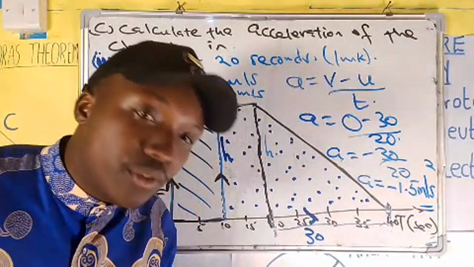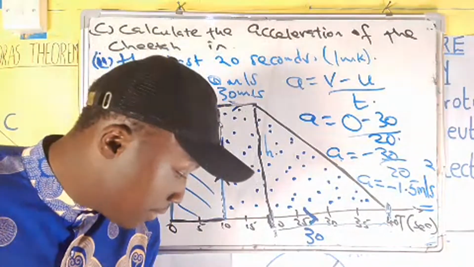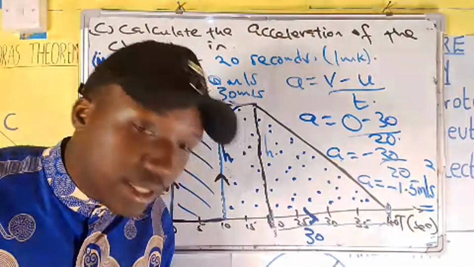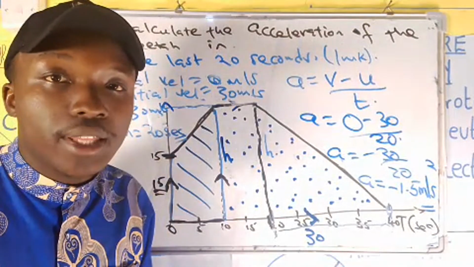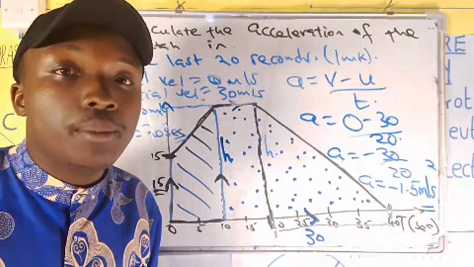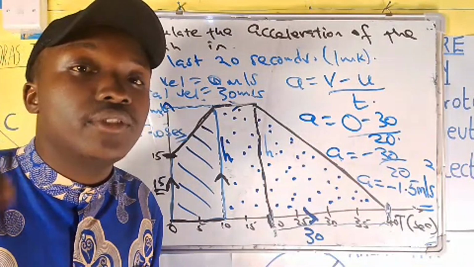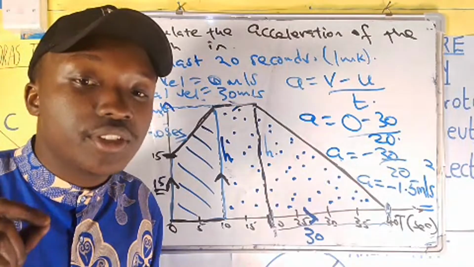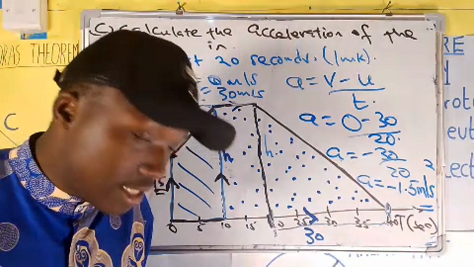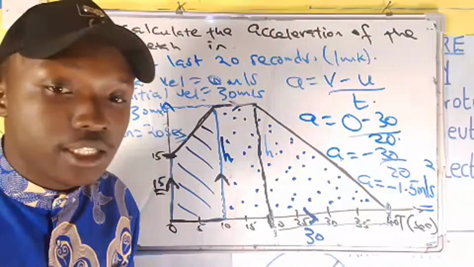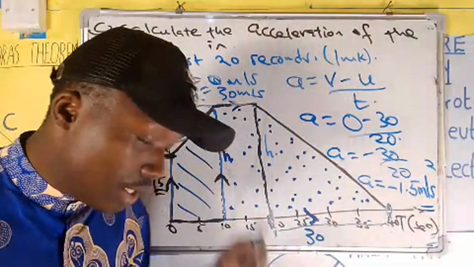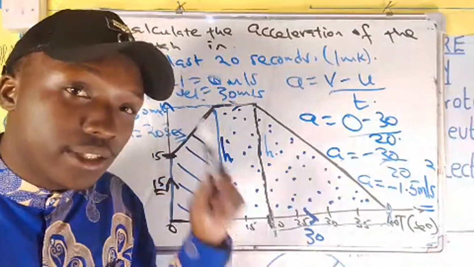So that I'm going to give you a take-home question. And after we do that, tomorrow we are not yet done with linear motion. Tomorrow we will be learning something in linear motion called relative speed. Let me first do the last part. Let me guide you on how to do the last part. Then I'm going to teach you tomorrow on relative speed.